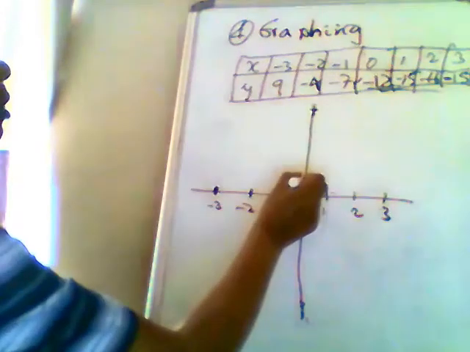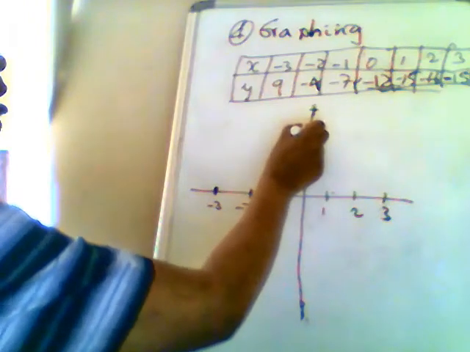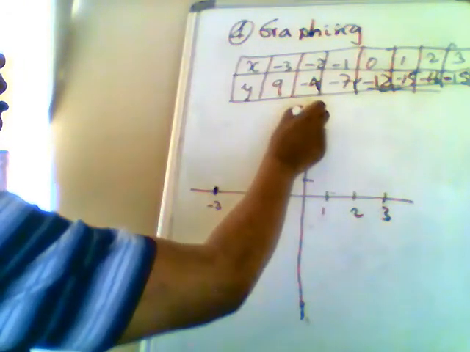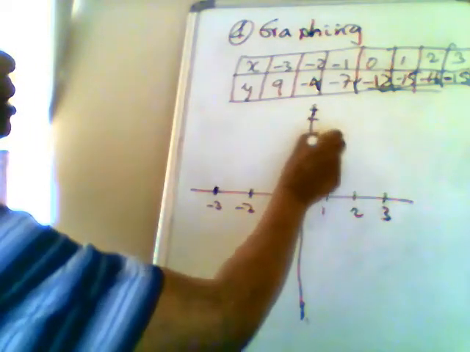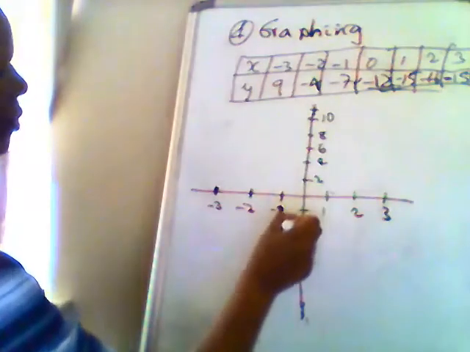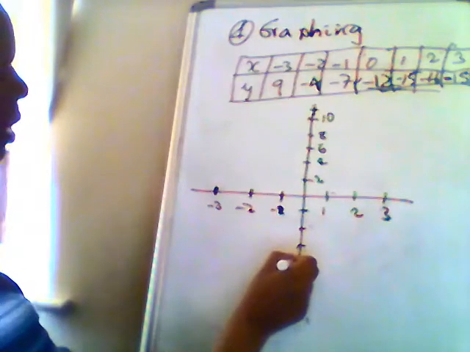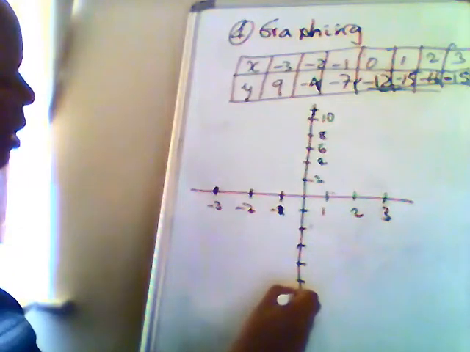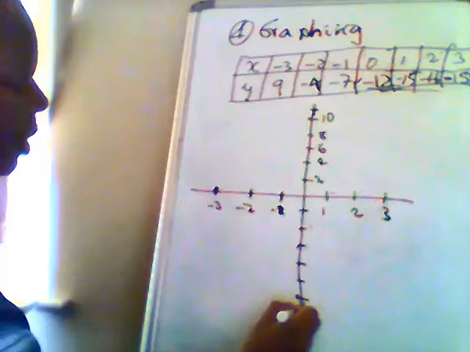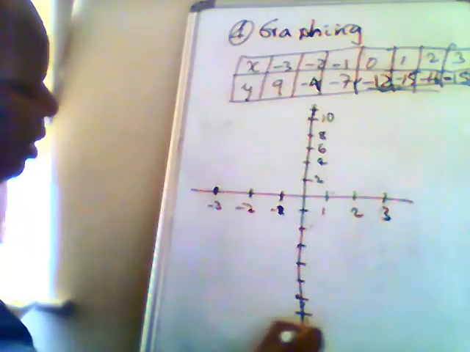So I have 2, 4, 6, 8, 10, and then I have 2, 4, 6, 8, 10, 12, 14, 16.